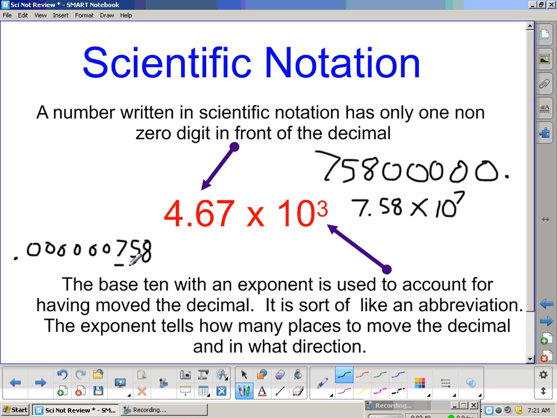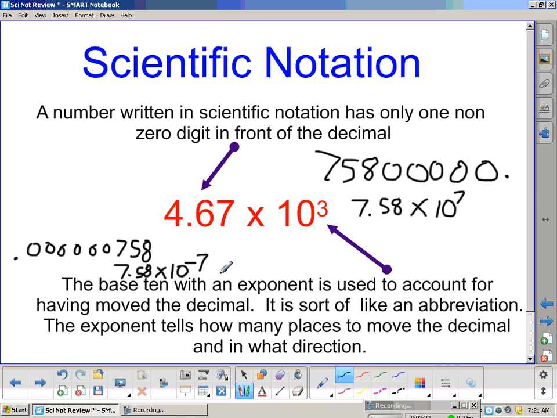Again, that's going to be a 7.58, just like we had in the last one we did, but it'll be times 10 raised to the, okay, so this number was smaller than 1, so it's going to be a negative exponent. That shows us that our decimal is going to go to the right. And we got 1, 2, 3, 4, 5, 6, 7 places. So that negative sign can be pretty important. Huge difference between this number here and this one here.